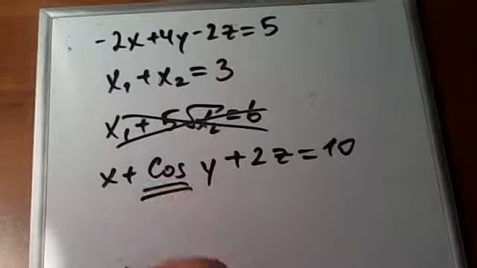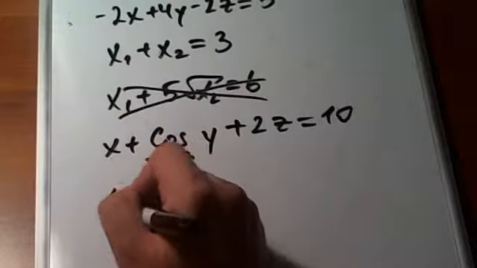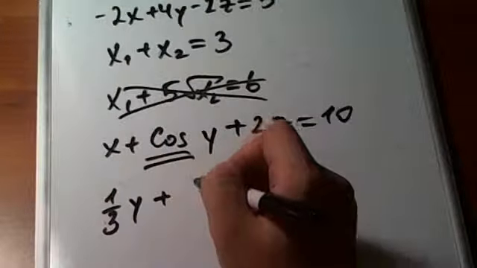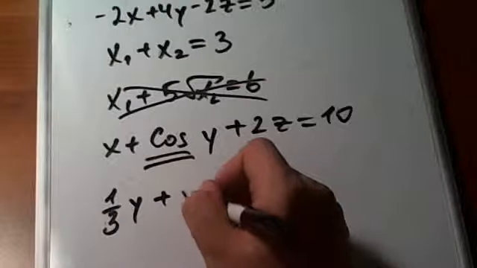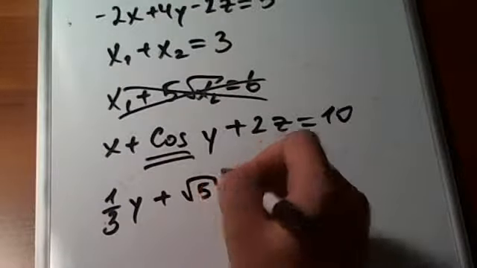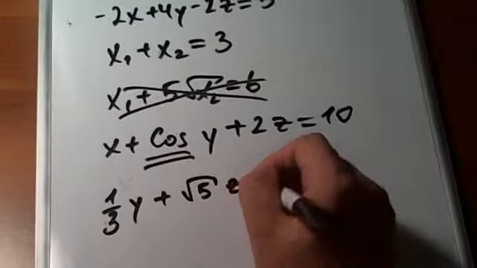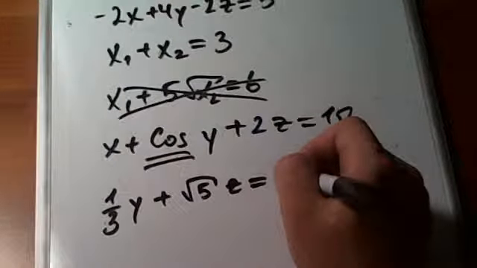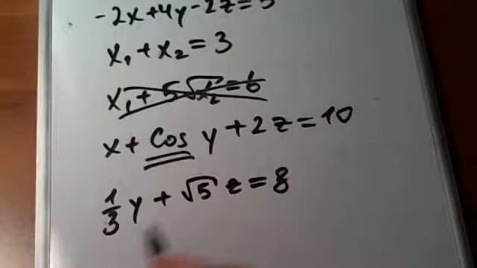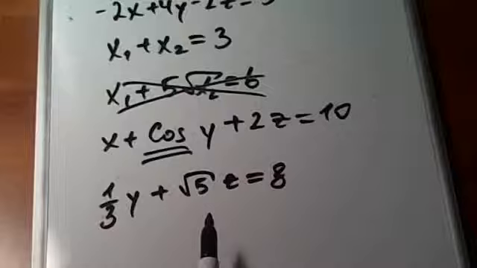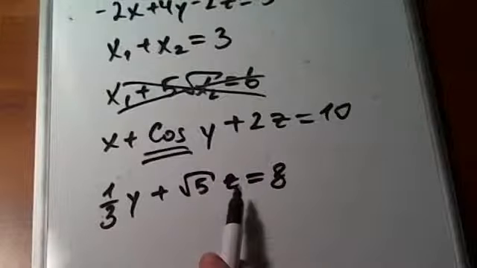Now let's say 1/3 of y plus square root of 5 of z is equal to 8. Look at this one and tell me if you think this is a linear equation or not. Well, I hope you answered that it is a linear equation.